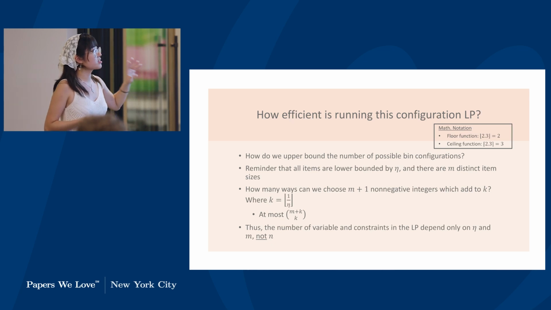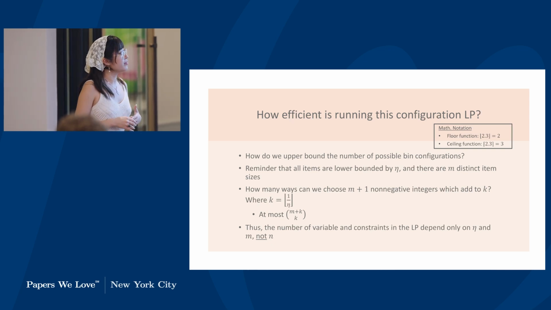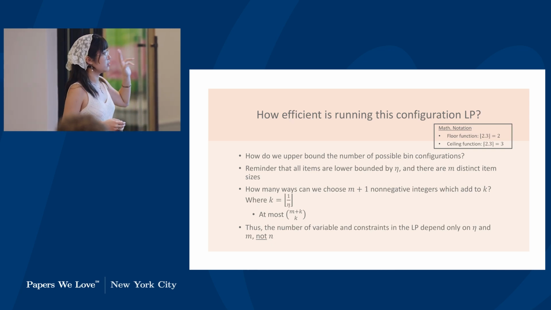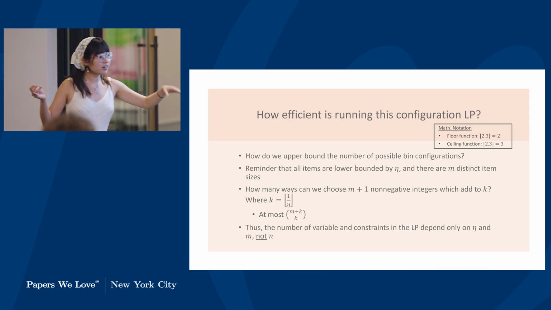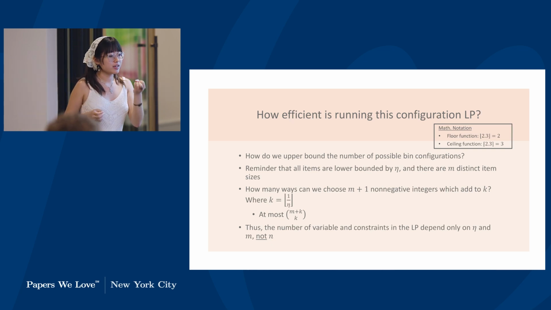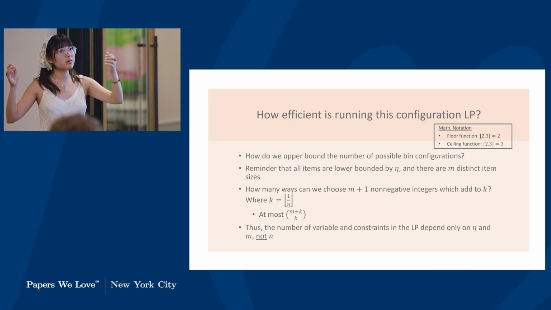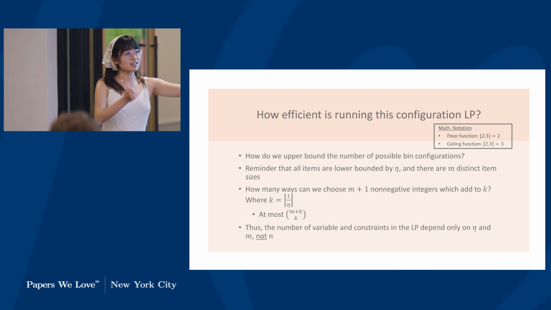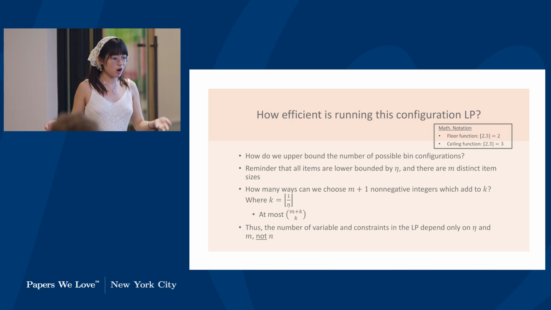And this is from the stars and bars theorem, which is for figuring out how many ways you can choose m plus one non-negative integers that add up to k. And the way you can visualize this is think of each positive integer as a separate star. And what you want to do is put bars between these stars so that this represents an addition problem.